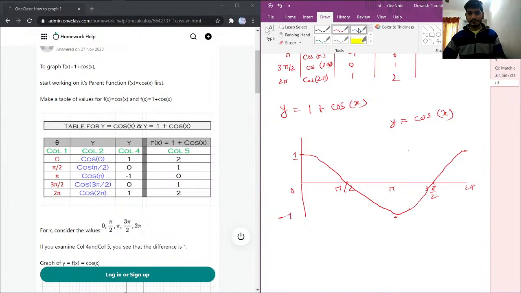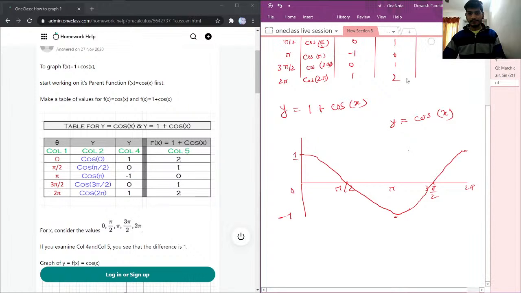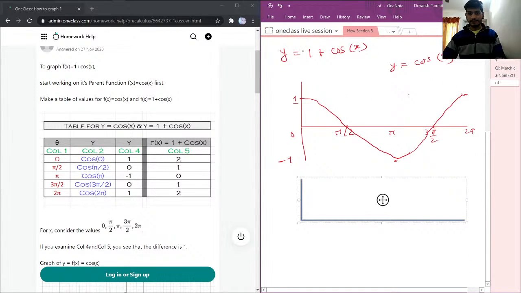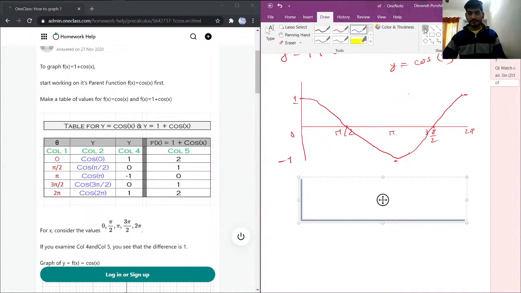Now we'll draw the graph for y equals 1 plus cosine x. For this one I will have one more line.